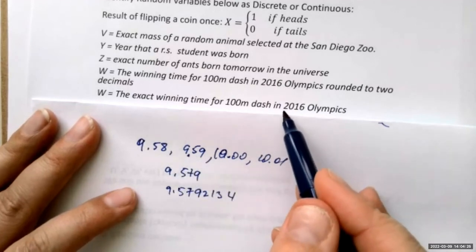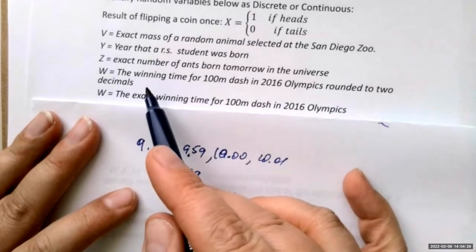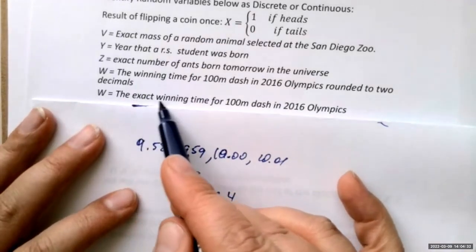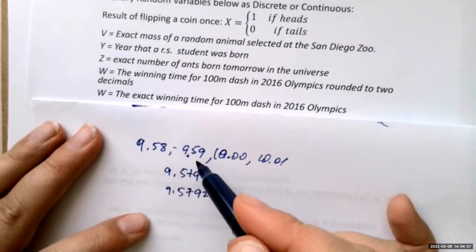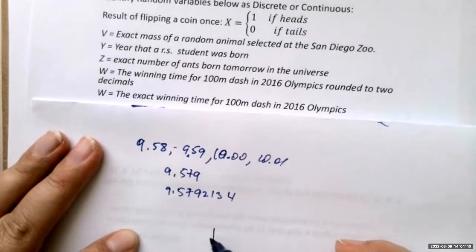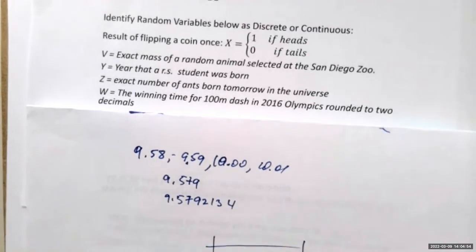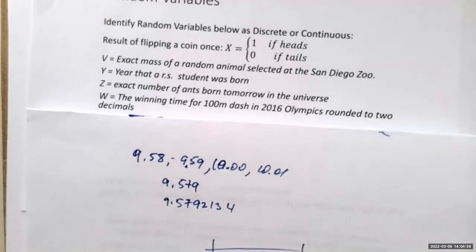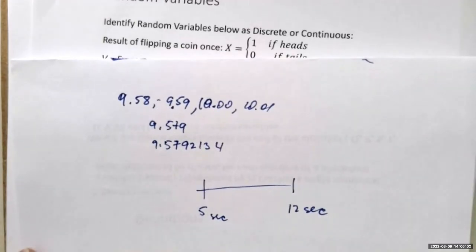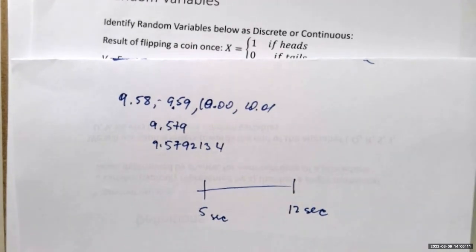So if we're not rounding to 2 decimals like in the previous example, and we're talking about the exact winning time, then it could be anything, right? In a certain interval, let's say between 5 seconds and 12 seconds, for example. Maybe larger than 12 seconds would not be a winning time anymore, and 5 seconds is the least humanly possible.